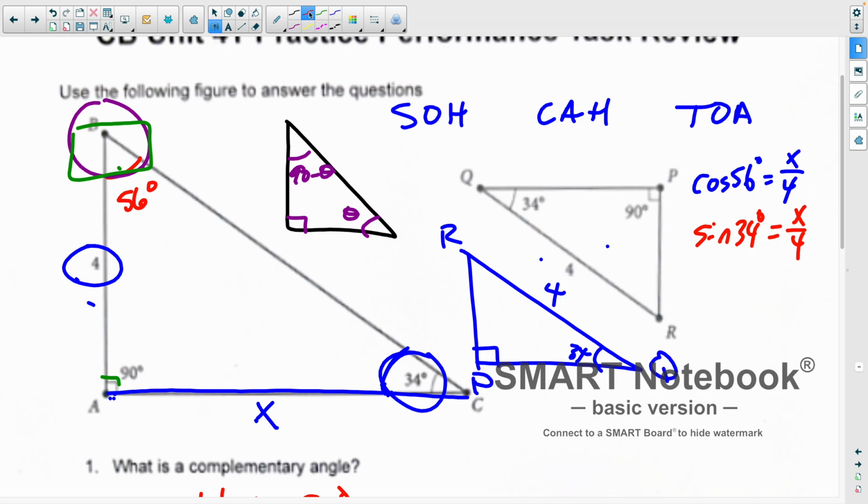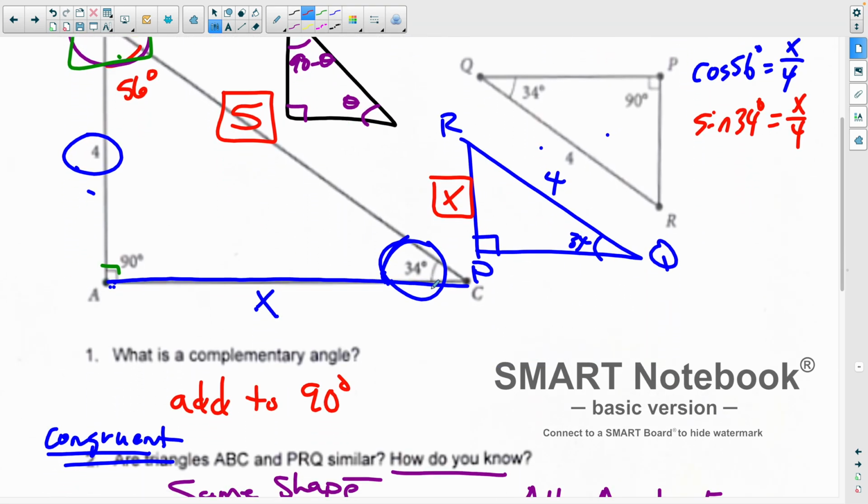If I told you that in this problem right here, this was 5, could you tell me what this side is worth right there in the small one? Should be able to. How? You could do 4 over x is equal to 5.